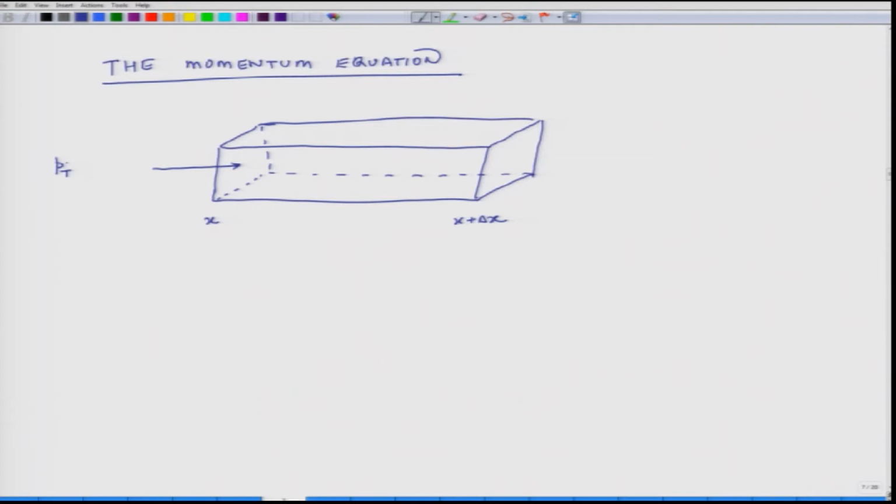We are interested in finding the total pressure, so it is P t, and P t is a function of position and time. We are taking a picture of this fluid element at time t equals t.